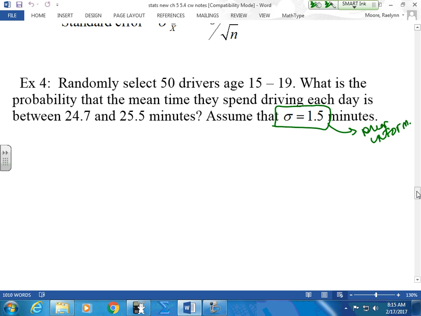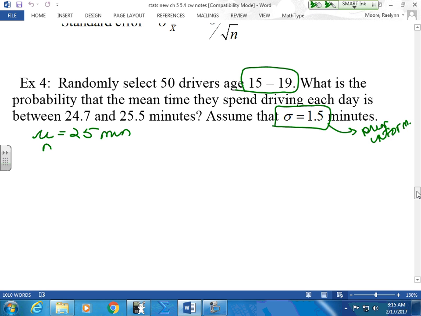So I needed to know this. I had to take that off the chart. Everybody see where we got this? Ages 15 to 19, their mean time is 25 minutes. I want to know what's the probability that they spend driving time between 24.7 and 25.5 minutes.